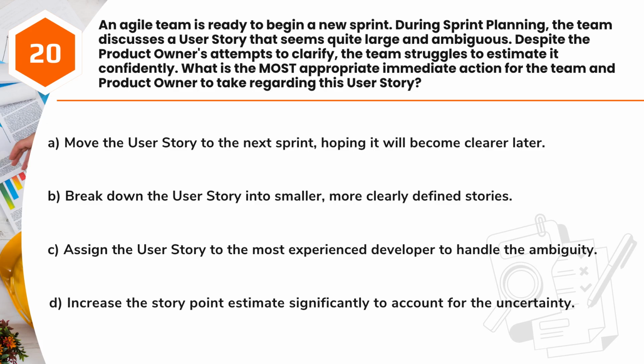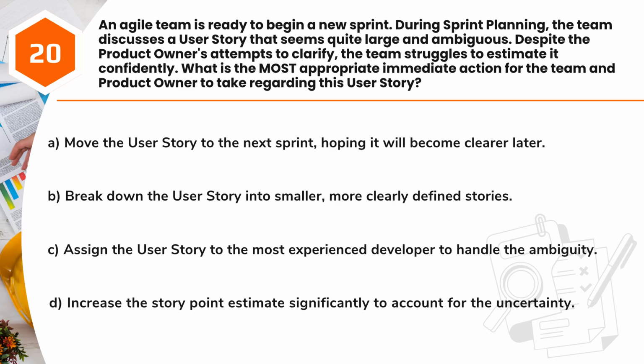Question 20. An Agile team is ready to begin a new sprint. During sprint planning, the team discusses a user story that seems quite large and ambiguous. Despite the product owner's attempts to clarify, the team struggles to estimate it confidently. What is the most appropriate immediate action for the team and product owner to take regarding this user story?